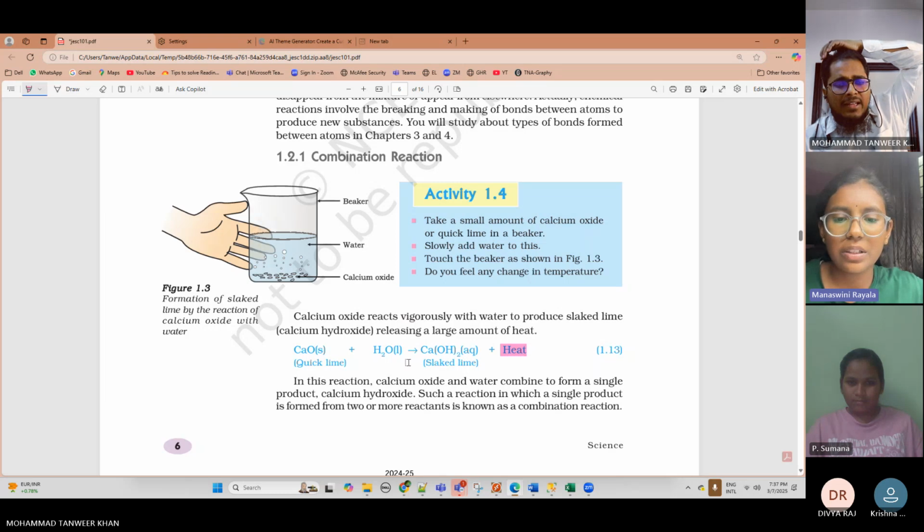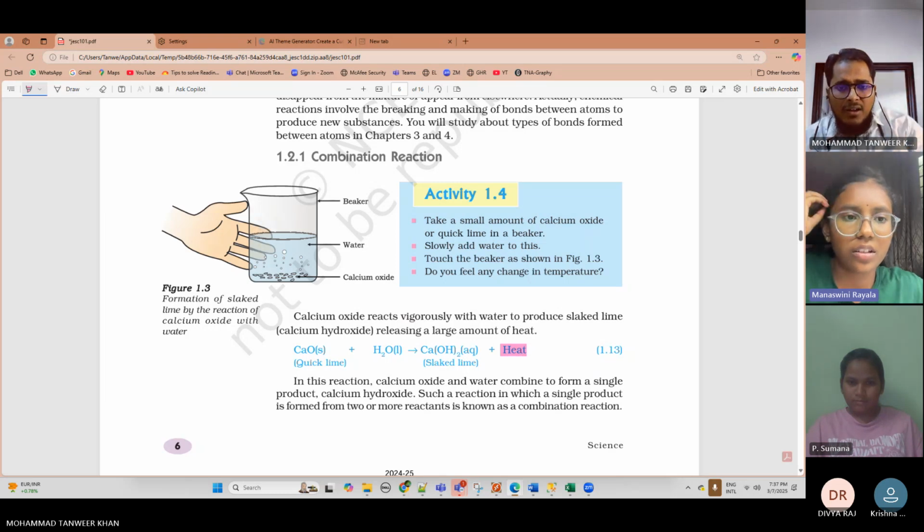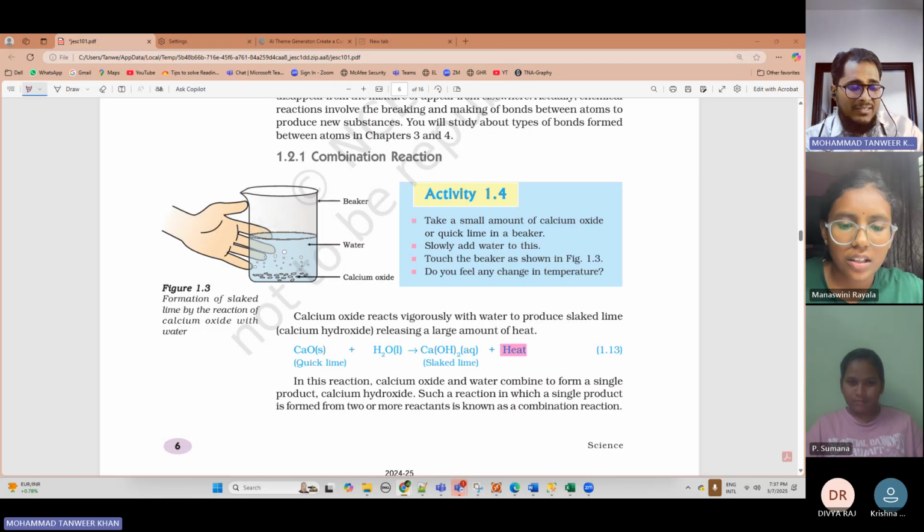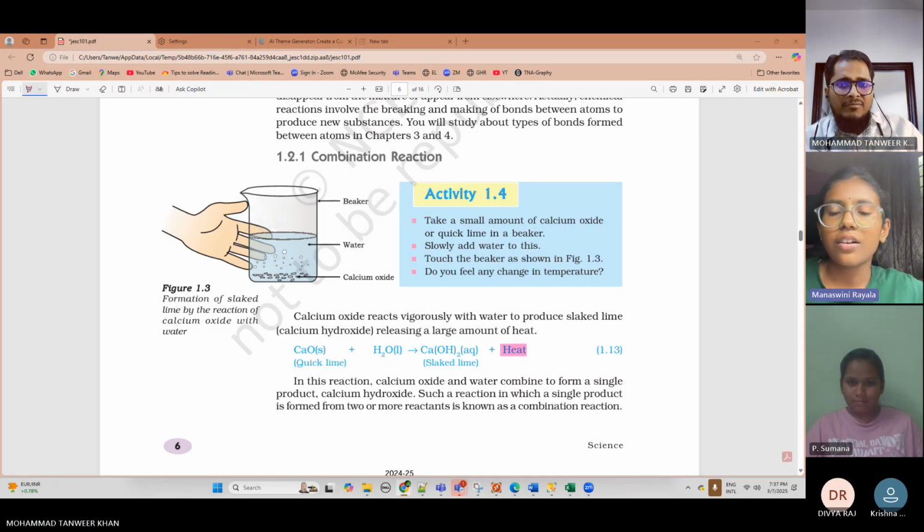This calcium hydroxide is also known as slaked lime. And the formula is Ca(OH)2. It is also known as hydrated lime or slaked lime. Got it?